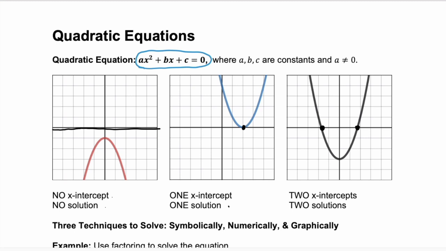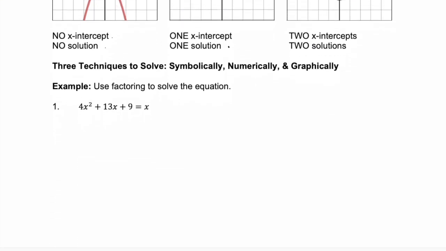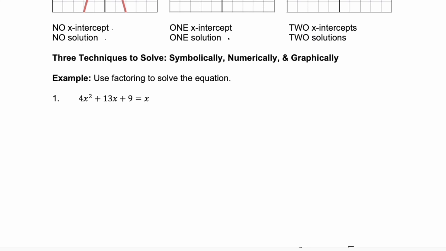Now, the book talks about three different techniques that you can use to solve quadratic equations. You can solve symbolically. This is my preferred method. Symbolically means just using math and your mathematical operations.